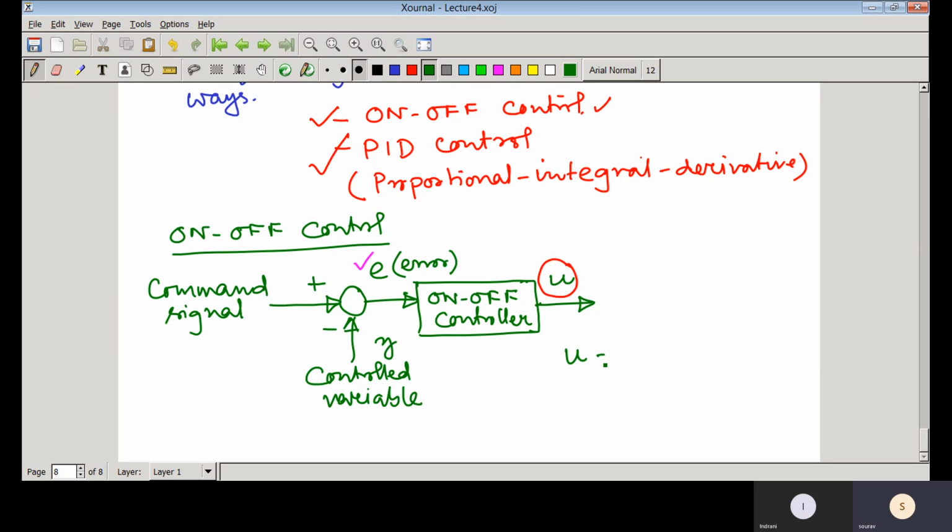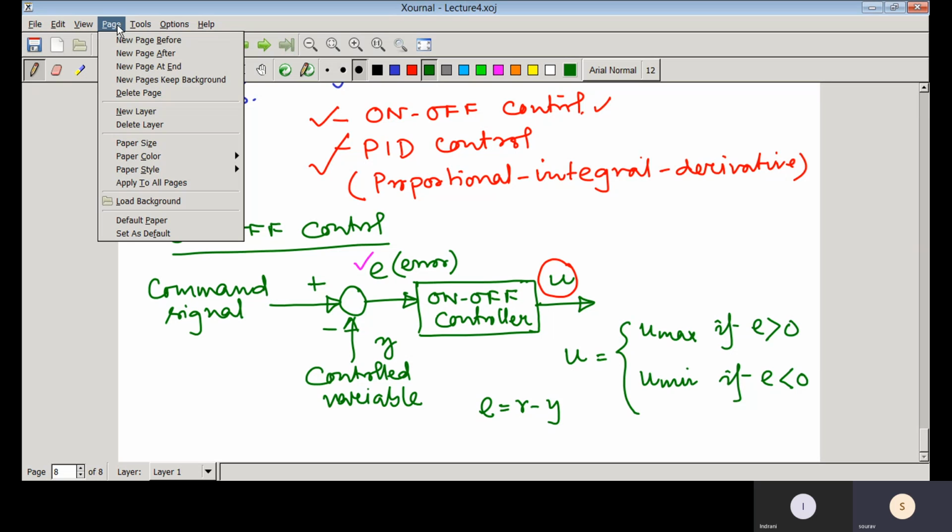It is the simplest form of control law: U equals U max whenever the error is positive, that is error greater than 0, and U equals U min if the error is less than 0. Here the error signal E equals R minus Y, as we have already discussed.